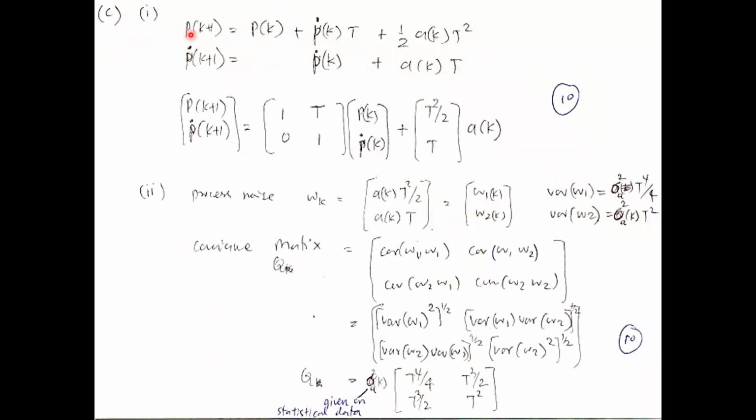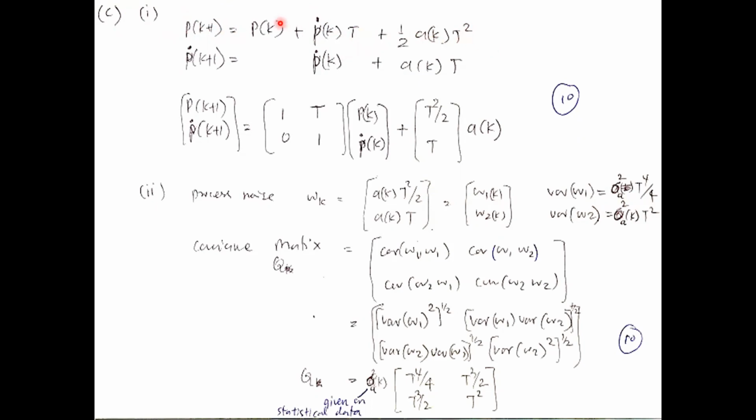Now, you know the dynamics, right? When you have an acceleration, how velocity changes and then how the position changes. So pretty simple. Position at time k plus 1 is the position at k plus velocity times time T, plus half acceleration times T square. This is the motion dynamics. Everybody knows it. You just write the equation.